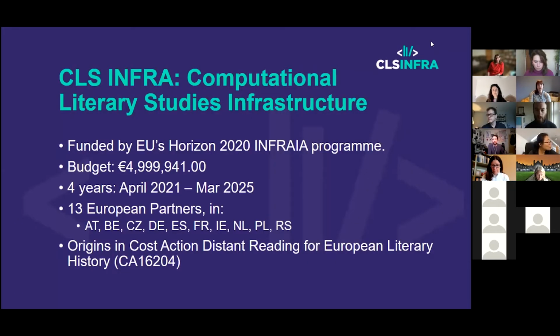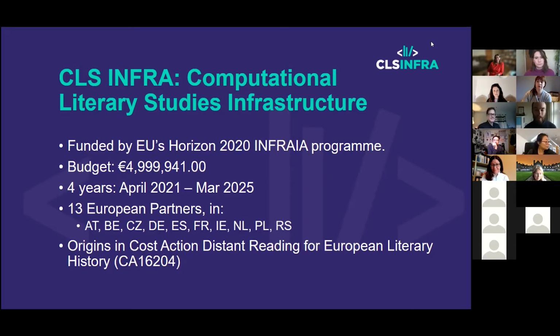The project that I'm working on has been funded by Horizon 2020 and one of their infrastructure programs. It began in April and lasts for 4 years, and we've gotten €5 million in funding from the European Commission. Well, just under. We weren't greedy in asking for the whole 5 million.